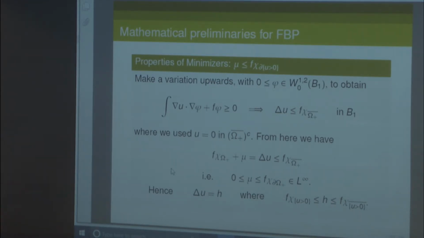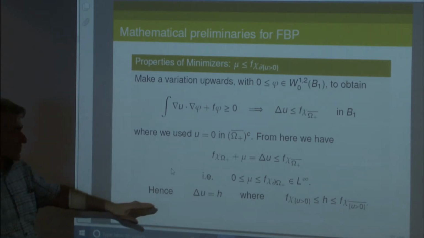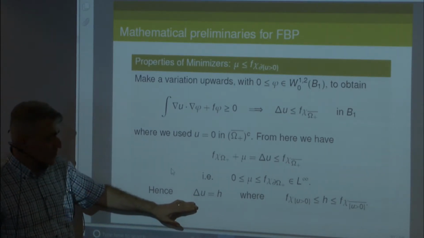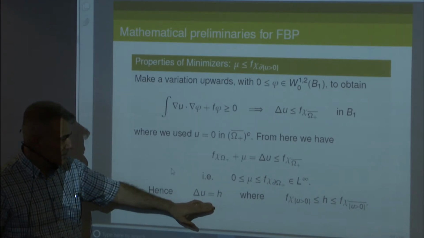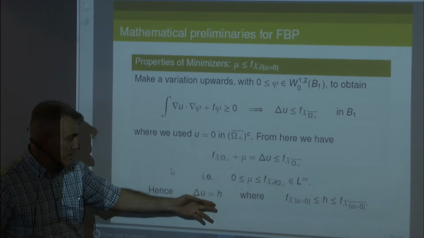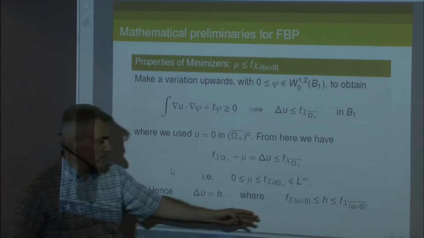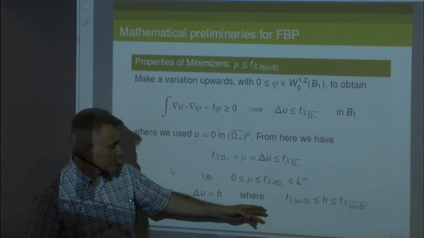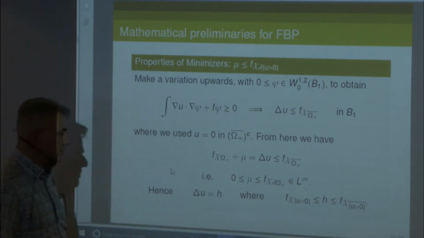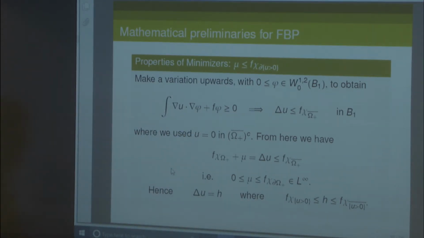So what we have is that the Laplacian of u equals h. Okay? This guy here, I call it h. And h is between these two guys. So h is going to be between these two, and they're both bounded.